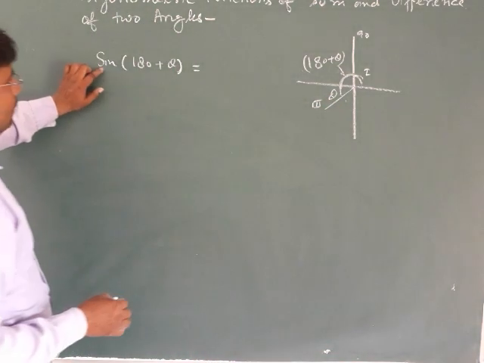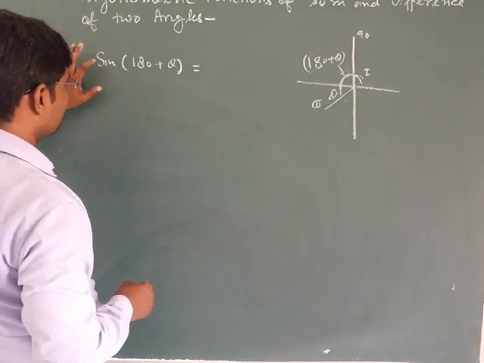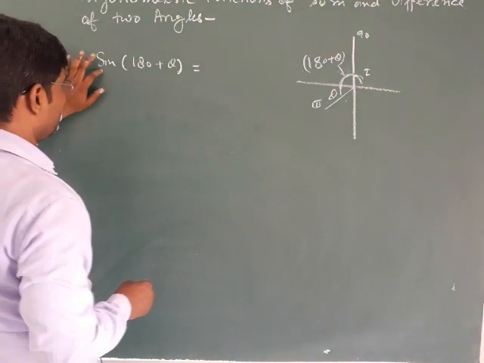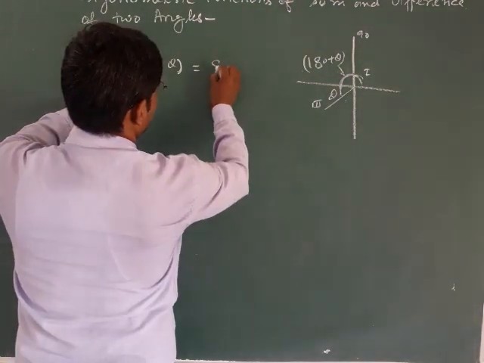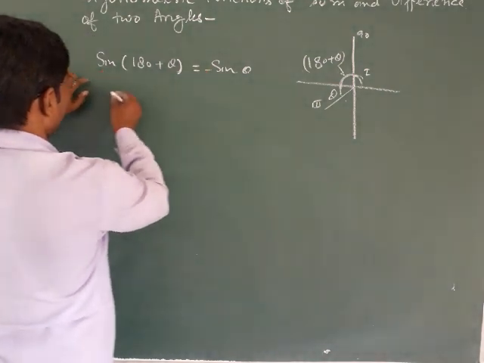So sine of 180 plus theta, there is no change in the sine ratio, so sine theta. In the third quadrant this is a negative value.